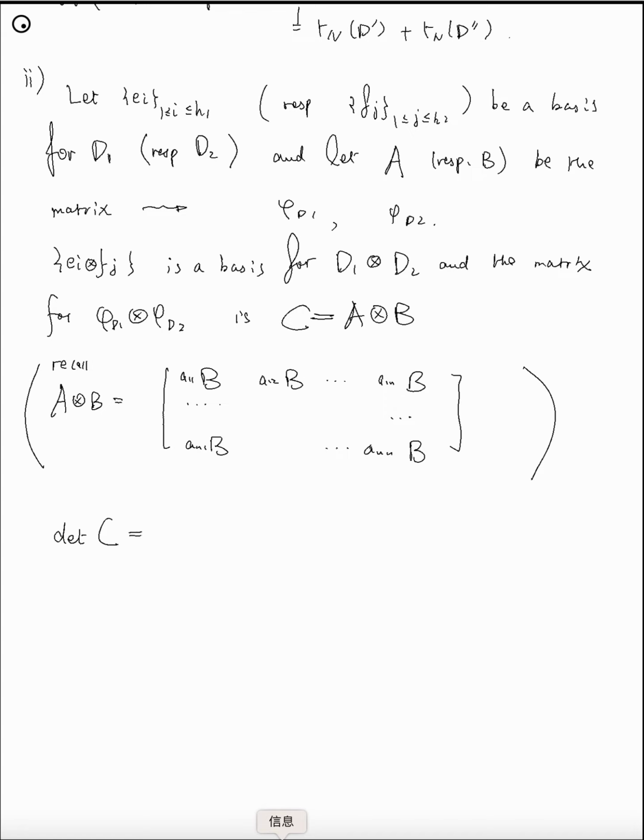The determinant of C equals the determinant of A to the power of the size of B, which is the dimension of D2, times the determinant of B to the power of the dimension of D1.